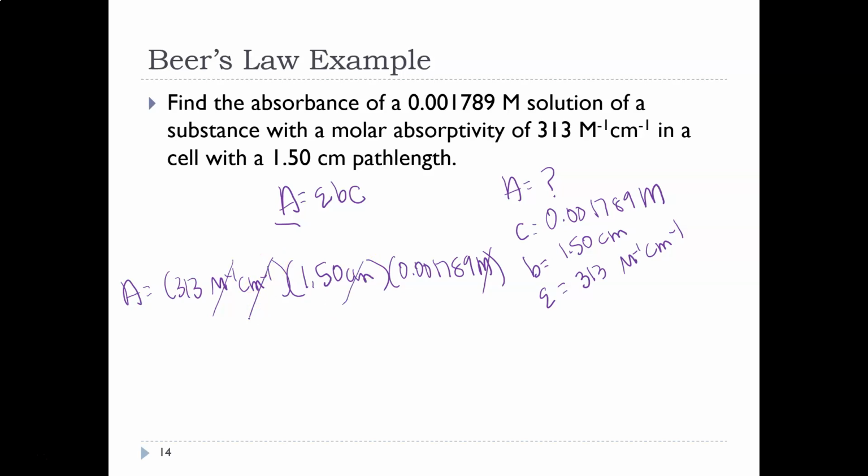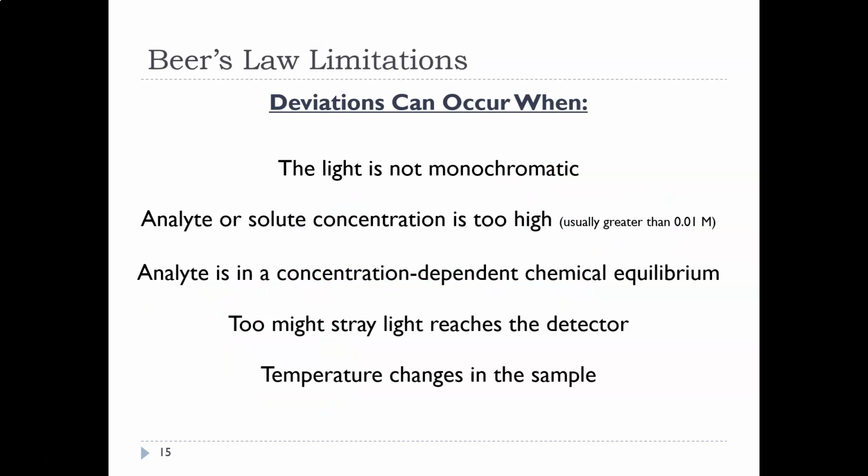So I will multiply these three numbers together. When I get my answer, I get 0.840. Absorbance is unitless. So that is my final answer, because if you look, all the units canceled. Okay. So you would be expected to calculate using Beer's law. I could ask you to solve for any of the three variables. I would give you the values that you need, and you would math it.